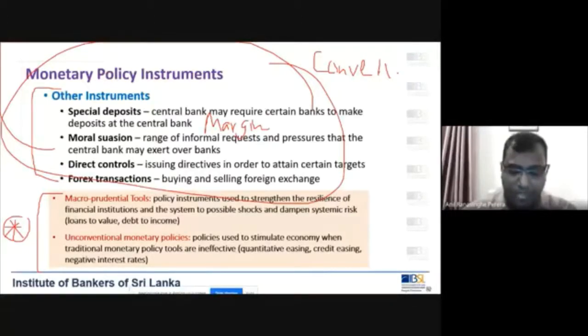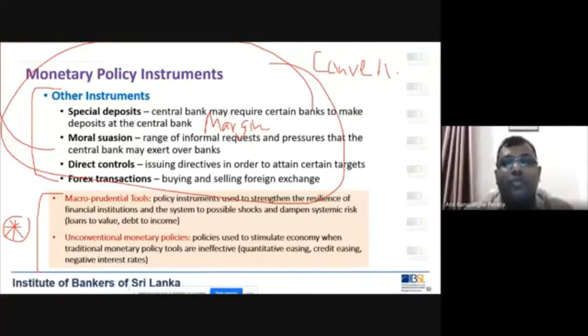For example, in a crisis period, you can't use interest rates, not effective. Now, these days we have this corona pandemic and it's a kind of a crisis situation. So in this situation, we can't use some of these interest rates or liquidity injection and all that.